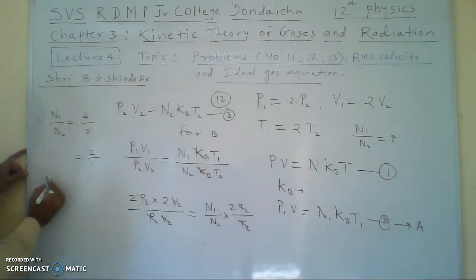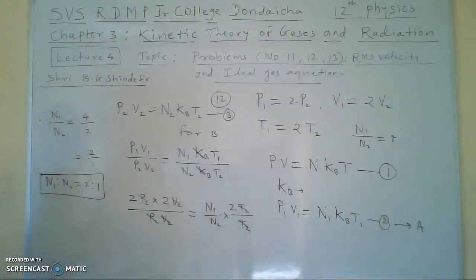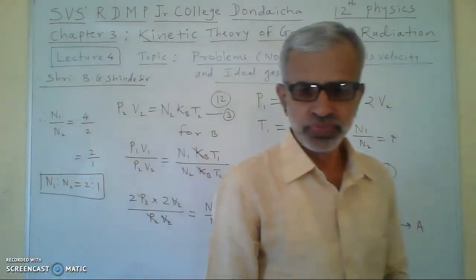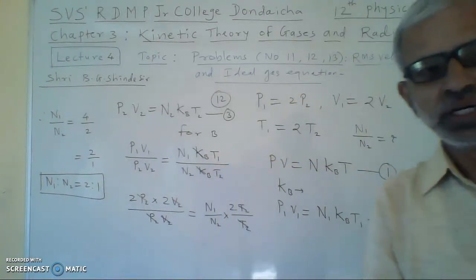And the final answer is N1 is to N2 equal to 2 is to 1. So this is the answer of this problem. You can take down this problem. This is the answer, 2 is to 1.